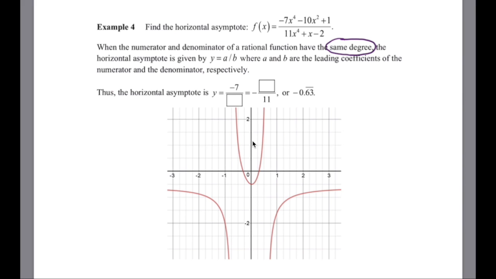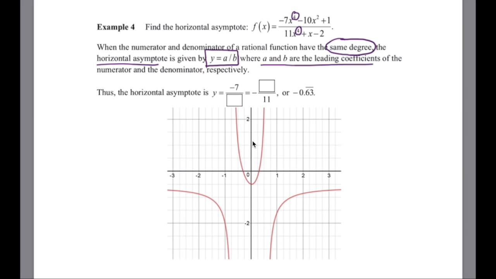The horizontal asymptote is given when we take y is equal to a over b, where a and b are the leading coefficients of the numerator and denominator respectively. So I notice that they have the same degree of 4.